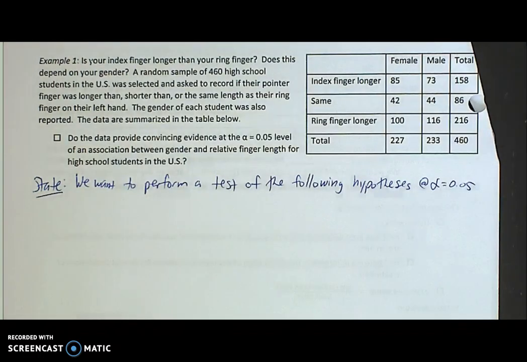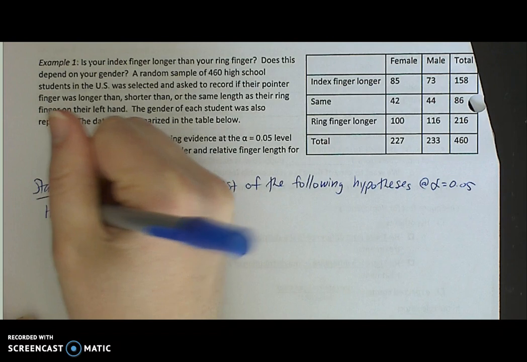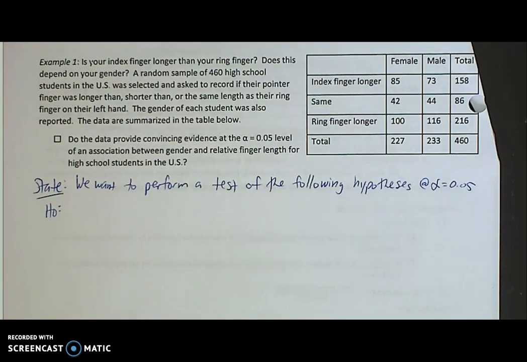So we need to state our null. I love doing chi-square tests because there are no parameters to define like there were when you were doing other significance tests for means or proportions.